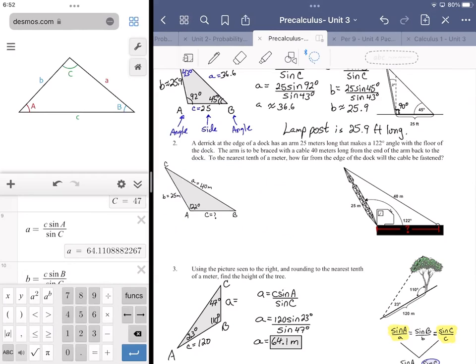But what we need to do is use the law of sines to come up with an angle. And then from that angle, it's a two-step process. We need to then discover what the missing side is. So we have to use the law of sines twice here.